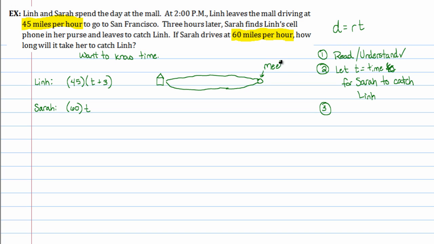Let's just say. By the time they catch each other, shouldn't their distances be the same? Shouldn't those two distances be exactly the same? Well, that means that this distance that Lynn has driven should be the same as the distance that Sarah has driven. So 45 times t plus 3 should equal 60t.